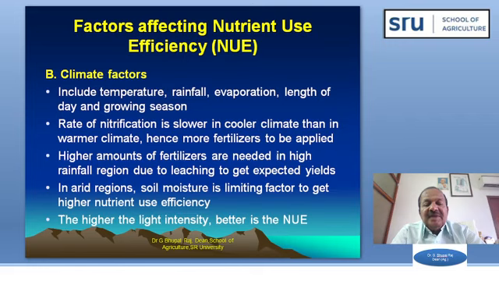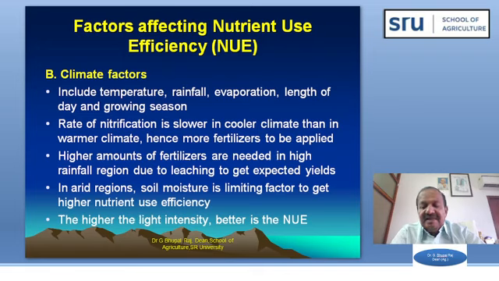Then coming to the climate factors, different parameters like temperature, rainfall, evaporation, length of day and growing season, all these are climate factors. The rate of nitrification is slower in cooler climate than in warmer climate. Hence, more fertilizers are to be applied. So when the climate is cold, the rate of nitrification is really lower when compared to the warmer climate with high temperatures.